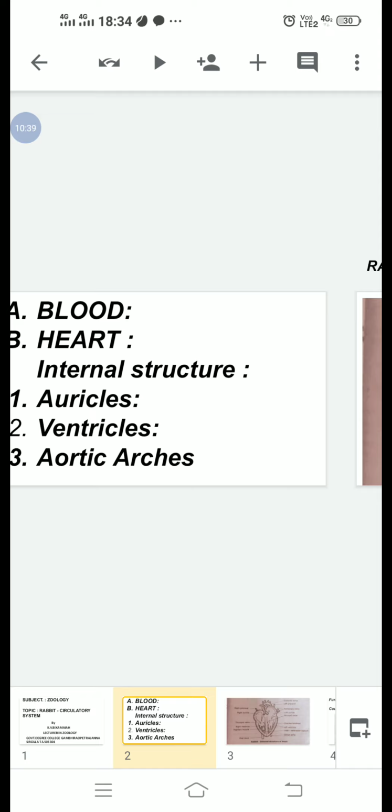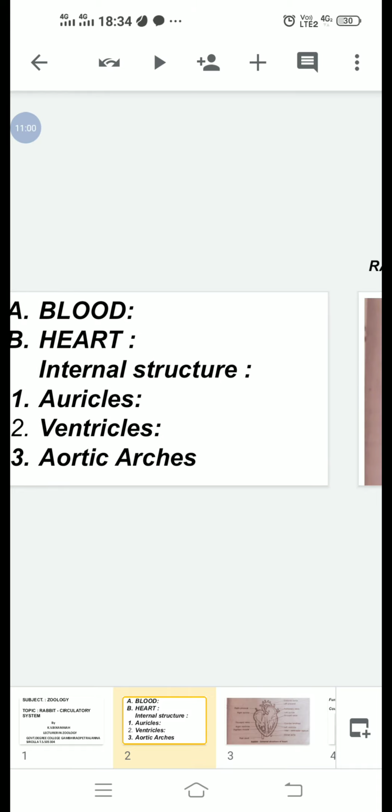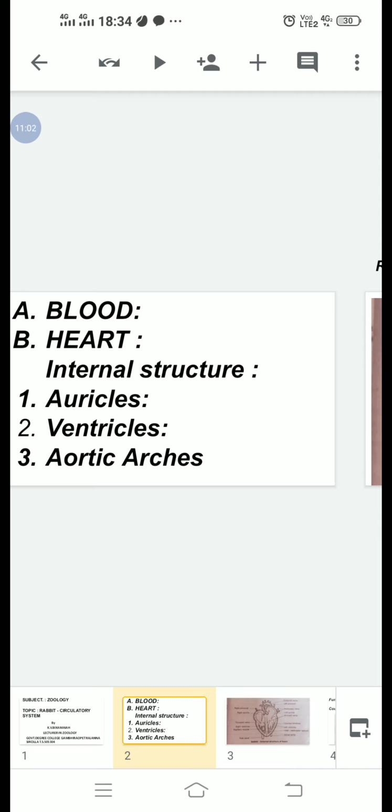It is non-functional in adults. The left auricle receives oxygenated blood from the lungs through a pair of pulmonary veins. It has no valve.